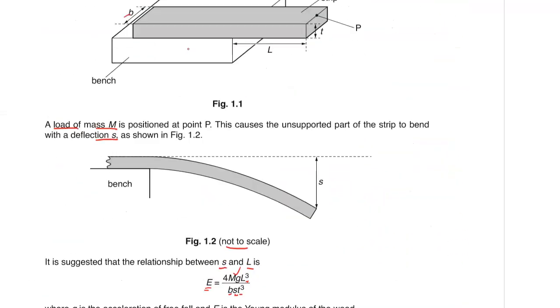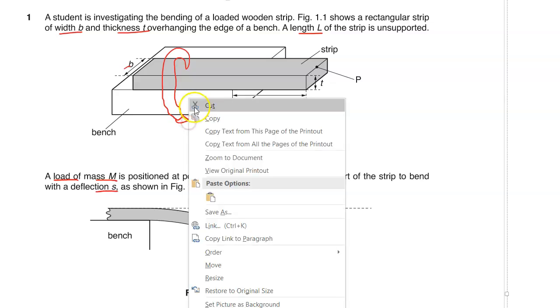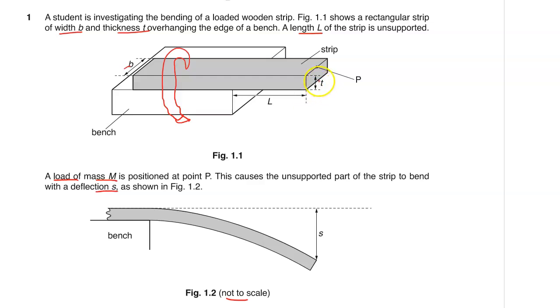So I'm going to draw the data that I have in mind here, because from this I can see the plank of wood is on a bench, and therefore on this bench I need a G-clamp to hold this plank of wood in place, because without something to hold it in place, once you place a mass here, the whole thing will go up and tumble.